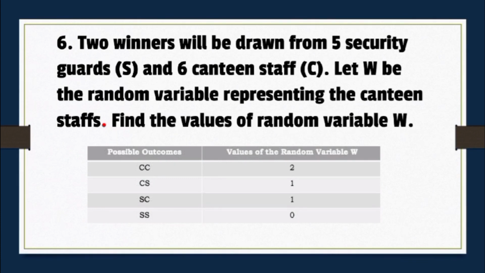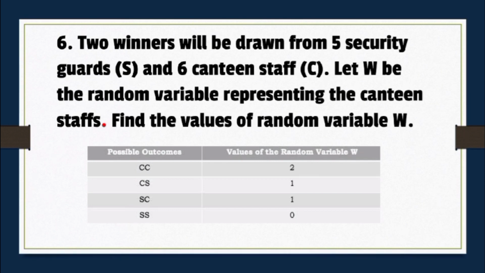Our last problem for today: 2 winners will be drawn from 5 security guards and 6 canteen staff. Let W be the random variable representing the canteen staff. Find the values of random variable W. We let S be our security guards, and we let C be our canteen staff.